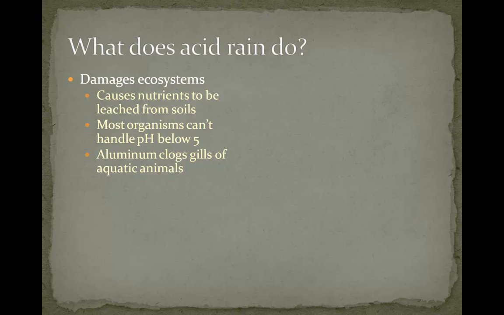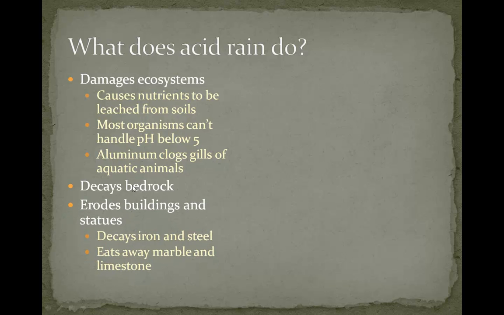In lakes, there are aluminum ions in the water naturally. What the acid does is, just like the nutrients, cause them to come out of solution, and that causes a little bit of extra damage because that clogs the gills of aquatic animals. So now they can't breathe. Acid rain will decay some bedrock. Limestone gets decayed by acid rain.